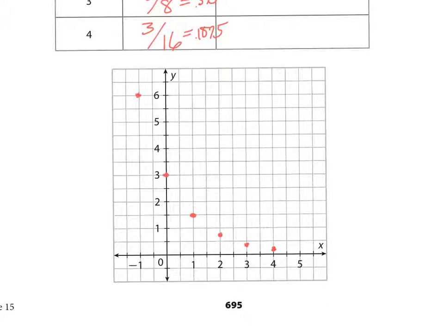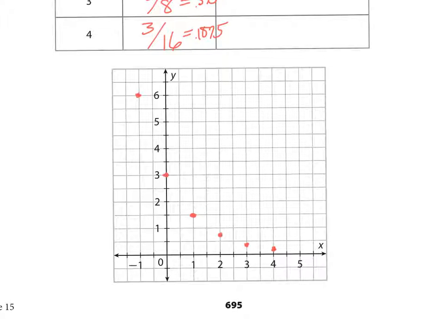Okay, so if you've plotted these points on the graph, the first ones are pretty easy. Again, we had -1, 6, we had 0, 3. Then we had 1, 1.5, so things to pay attention to. Look at your scale. We're going by halves on here. So 1, 1.5, pretty easy. Then for point 2, we have 0.75. So we're halfway between a half and 1.